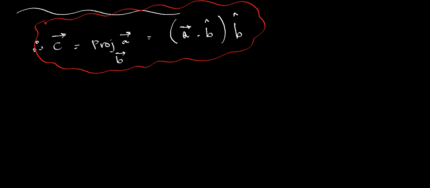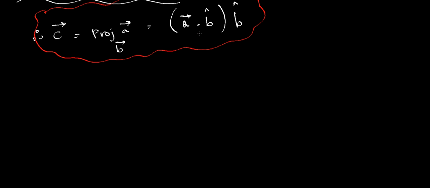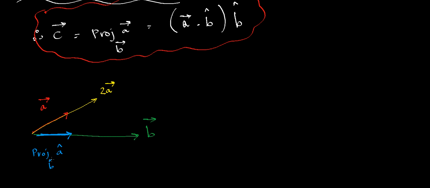Okay, so let's play around with this formula. Let's say we have that vector over here is 2A, and we have vector A, and we're trying to project these vectors onto vector B. Well, you can see here that the projection of A onto B is going to be this vector, and the projection of 2A onto B is going to be this vector.